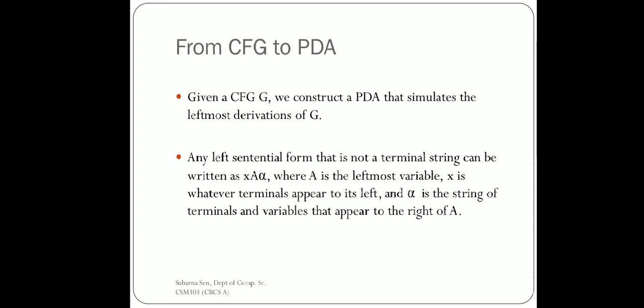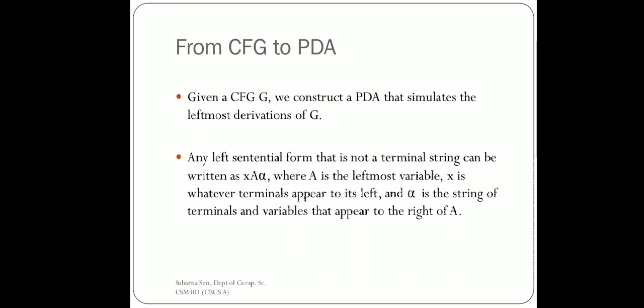We are considering that this small x consists of some terminals. Say we have a string named W. Whenever we are in the process, the PDA works in this fashion.